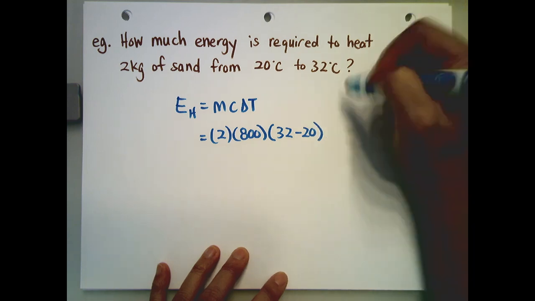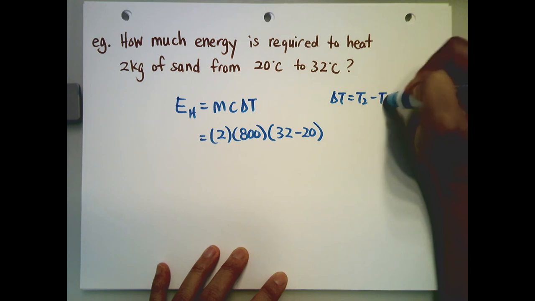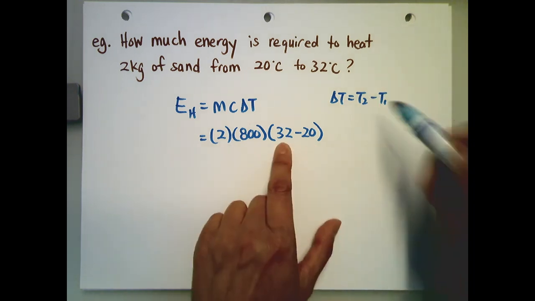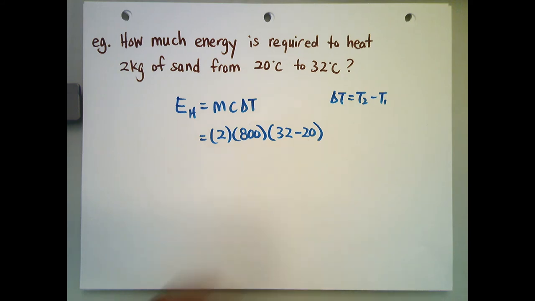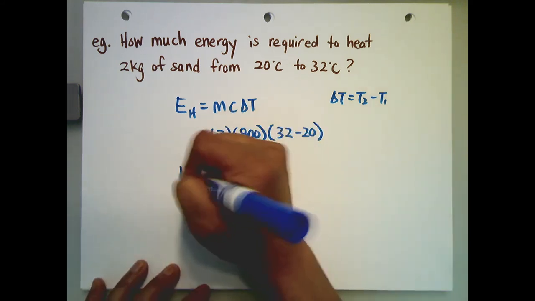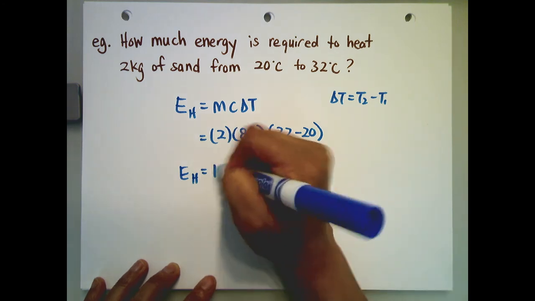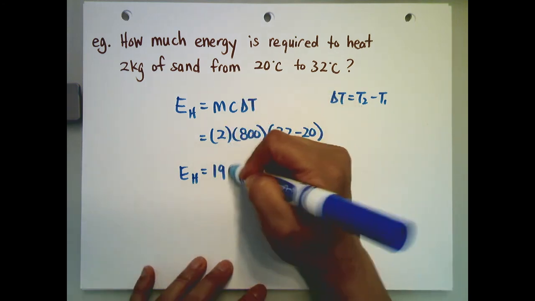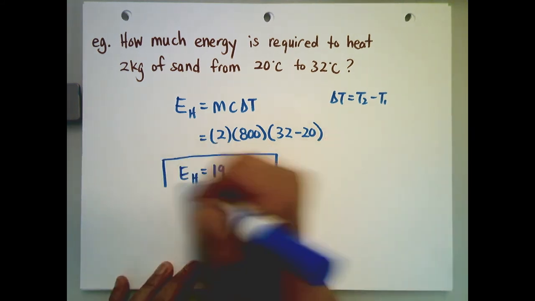Keep in mind, delta T is equal to T2 minus T1. So T2, your final temperature, minus the initial temperature. And then you work it out, and hopefully, according to your calculator, it will be 19,200 joules.